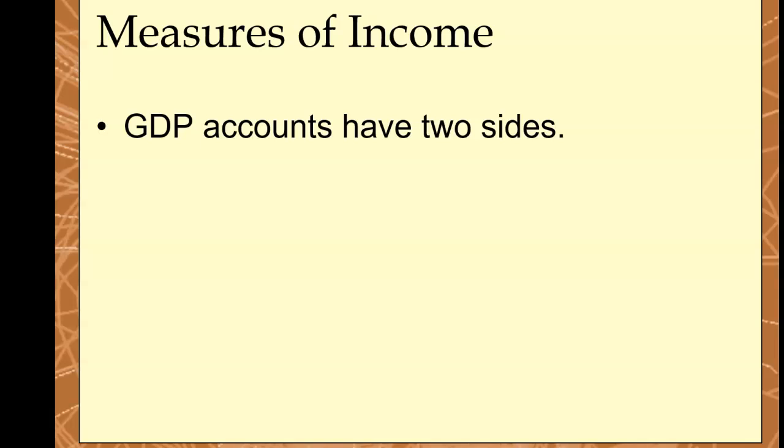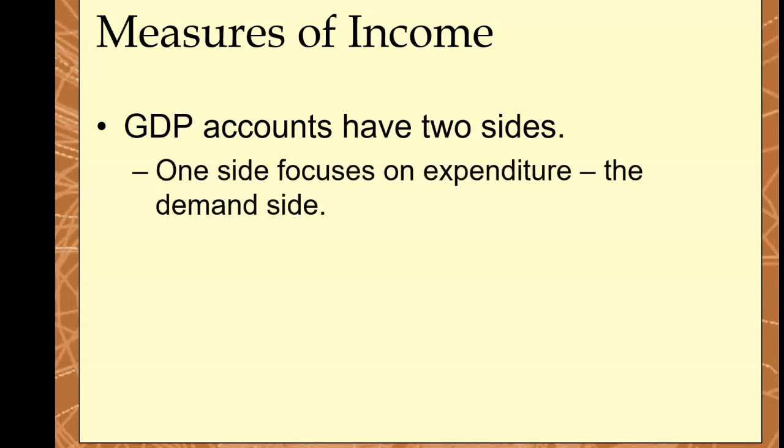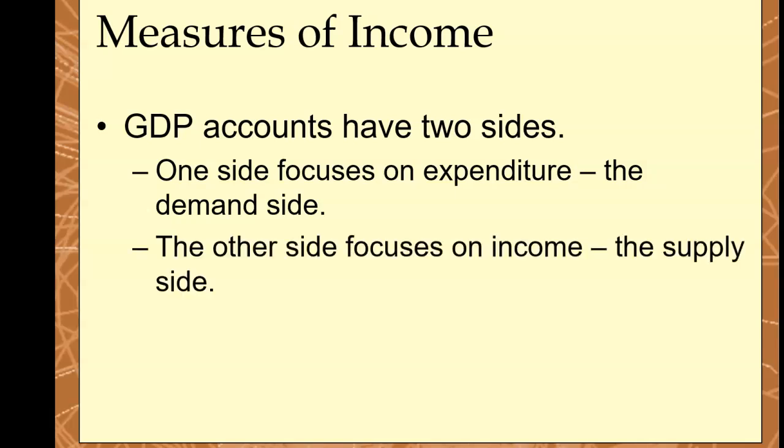We could use spending to measure the value of all output, and that's called the expenditure approach. You could also use income to measure the value of all output. You could look at all of the income earned in the production process.